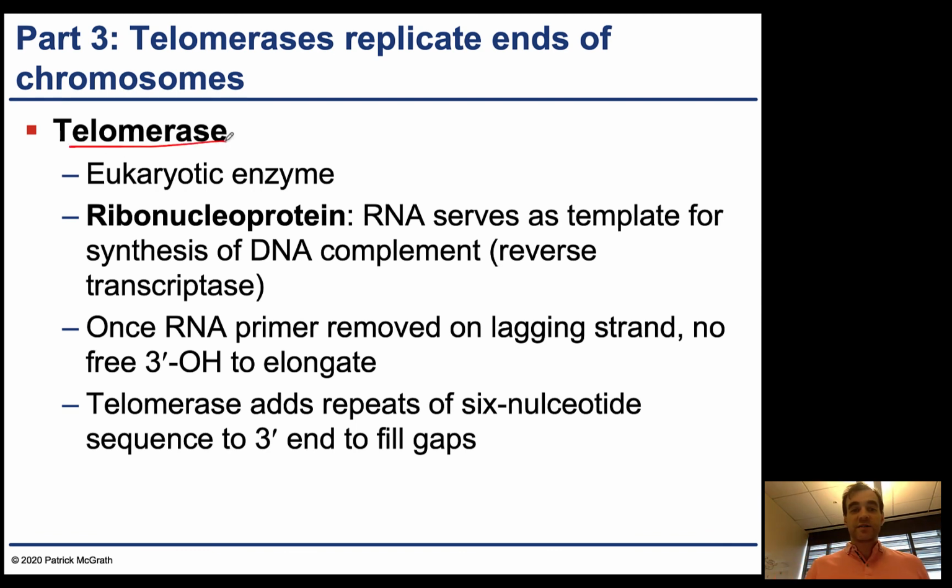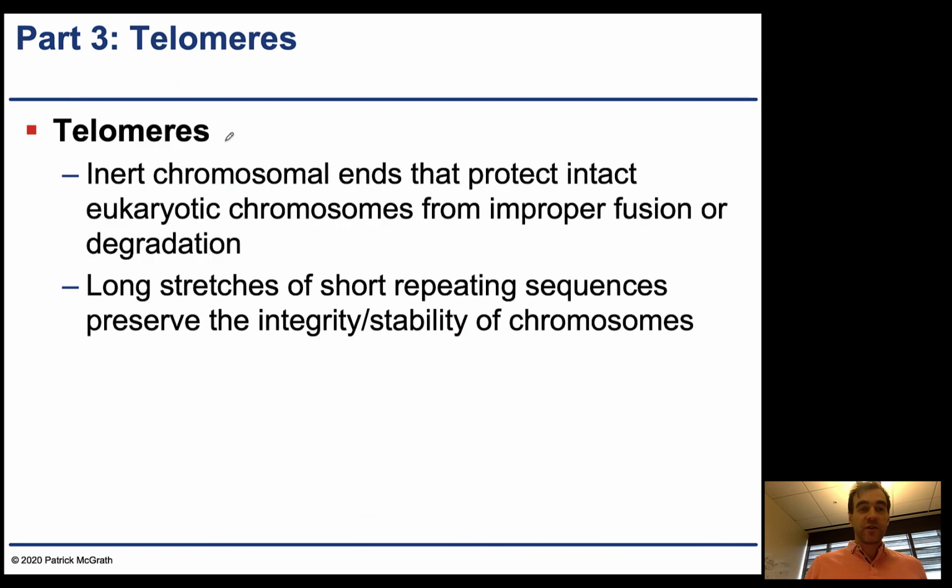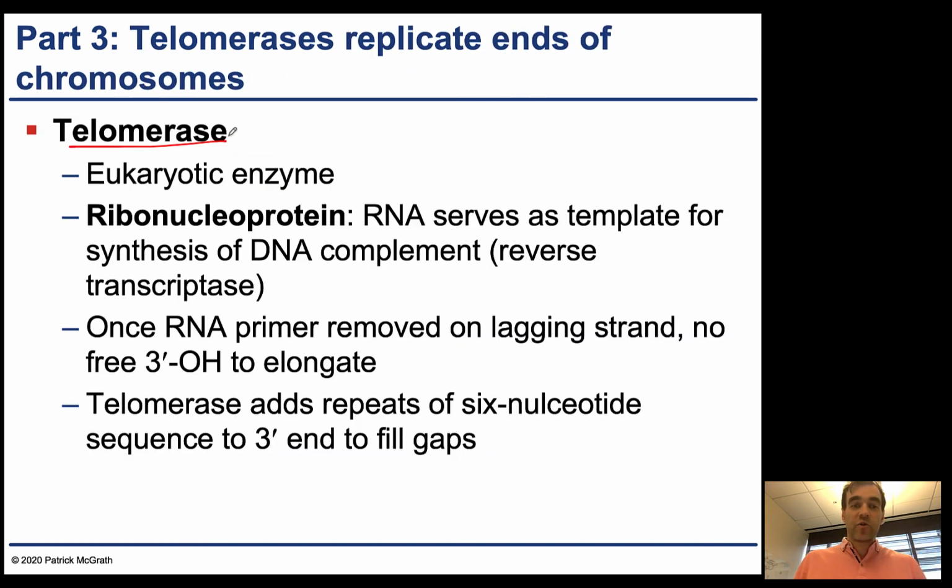Telomerase is not the same as telomeres. Make sure you realize that these are two different words. Telomeres are actually sequences of DNA. Telomerases are enzymes or proteins that have a catalytic activity that allows for replication of the ends.